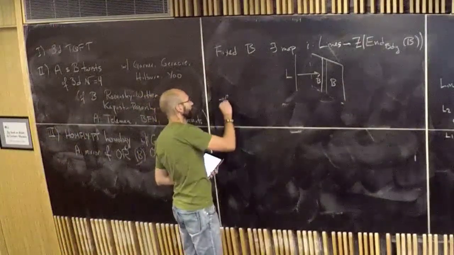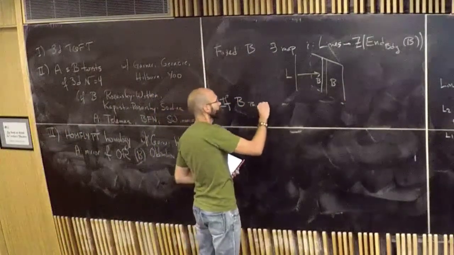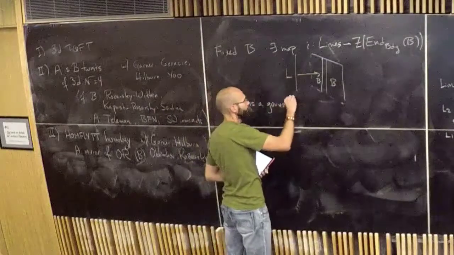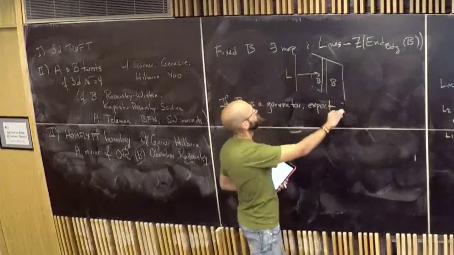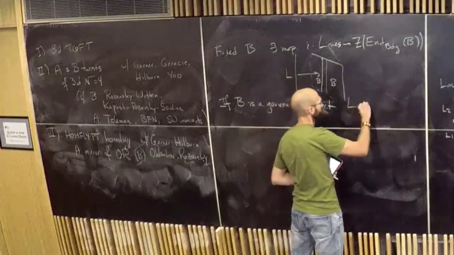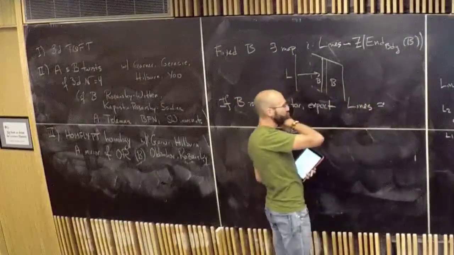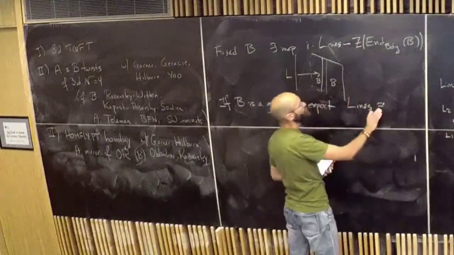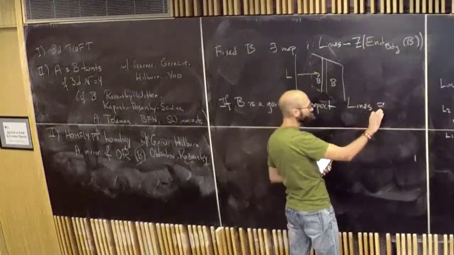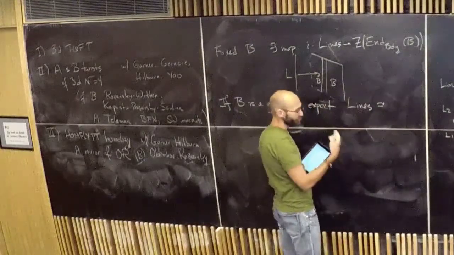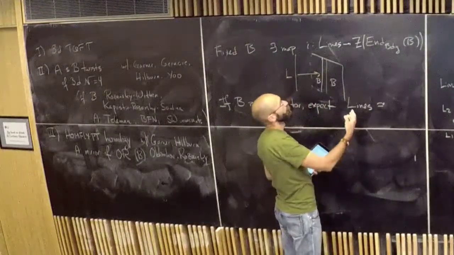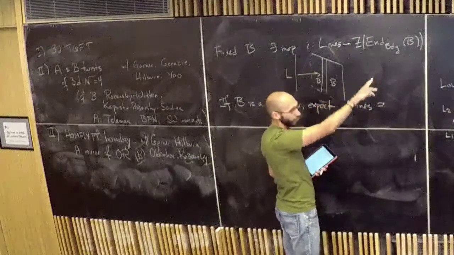So if B is a generator, then bulk lines should actually be the derived center, the Drinfeld center, or the Hochschild homology of this monoidal category.